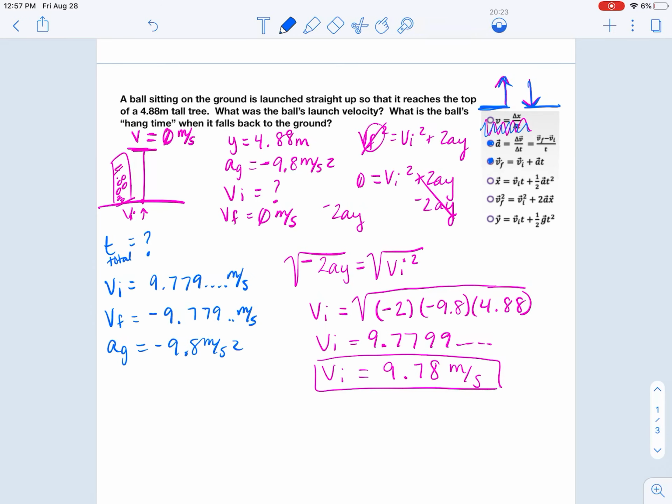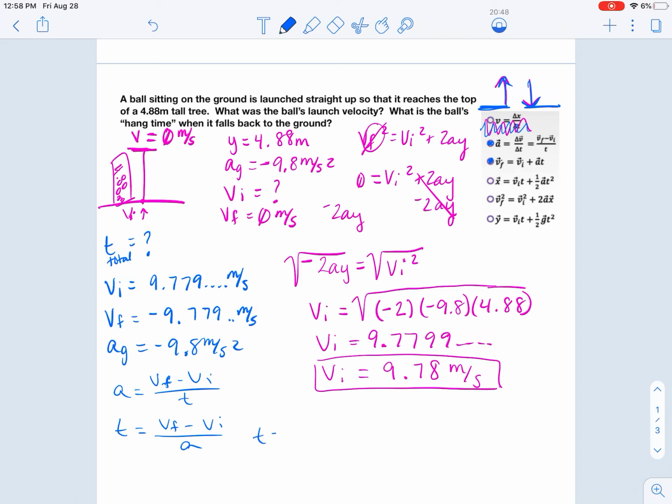I will choose to use A equals VF minus VI over my time because it allows me to very quickly manipulate this equation to solve for time. When you're done with your algebra here, essentially what happens is that time trades places with your acceleration, and this is how the formula is rewritten.